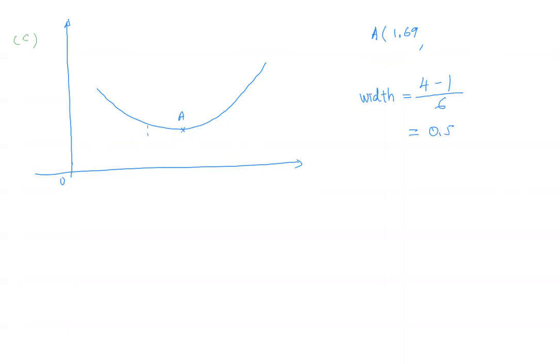So I have 1 here, 1.5 here, 2 here, 2.5 here, 3 here, 3.5 here, and the last one, 4.